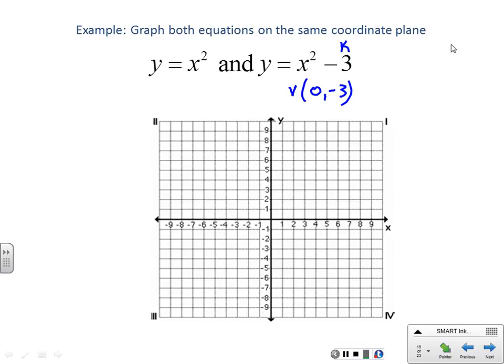This one's going to shift down 3. Okay? And then, of course, if you use your T-chart, let's plug in a 1. 1 squared is 1 minus 3 is going to be a -2. So you have 1, -2, and the mirror image.